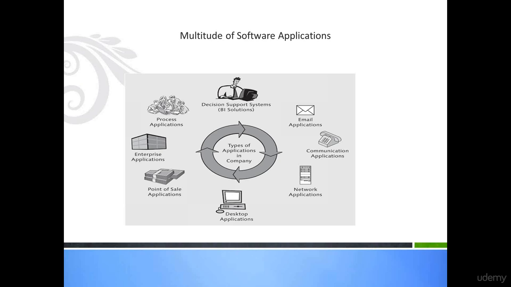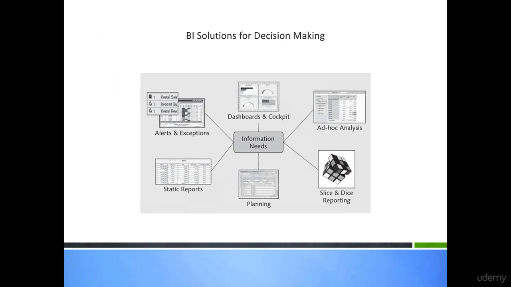Each and every company needs to make decisions based on the data, right? So that's where BI solutions come into the picture, and business warehouse and business intelligence. Our aim is to master SAP BW, which is the top in the market right now. Okay.